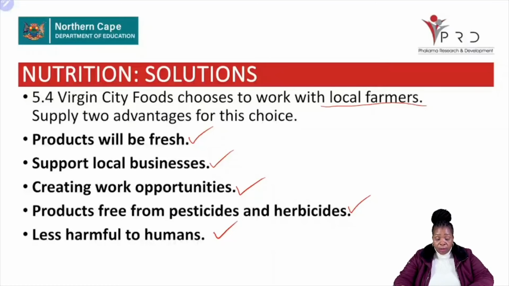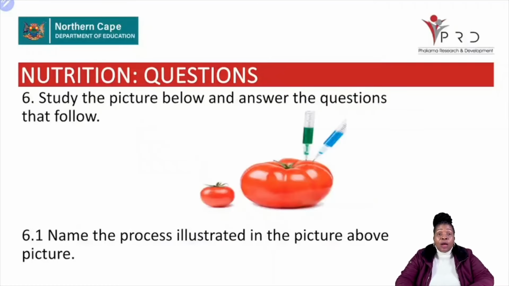Right? Let's move on, learners, to our question 6. Read, study the picture below and answer the questions that follow. As you can see, this is a tomato that is being injected there, right? So 6.1 reads, name the process illustrated in the picture, right?